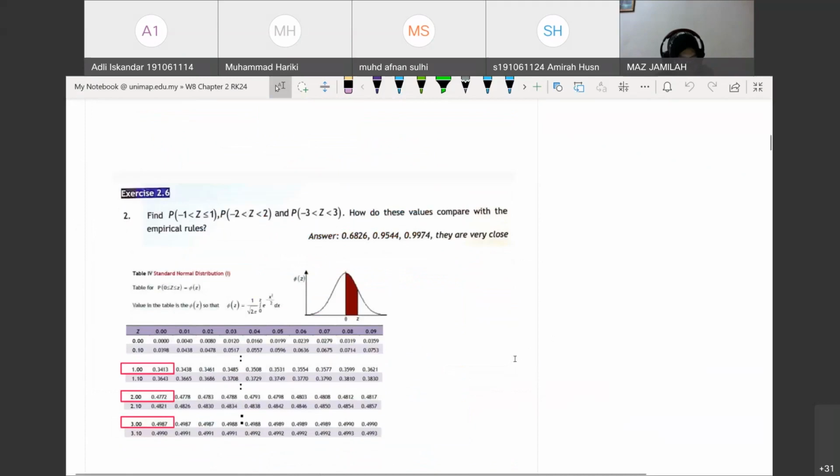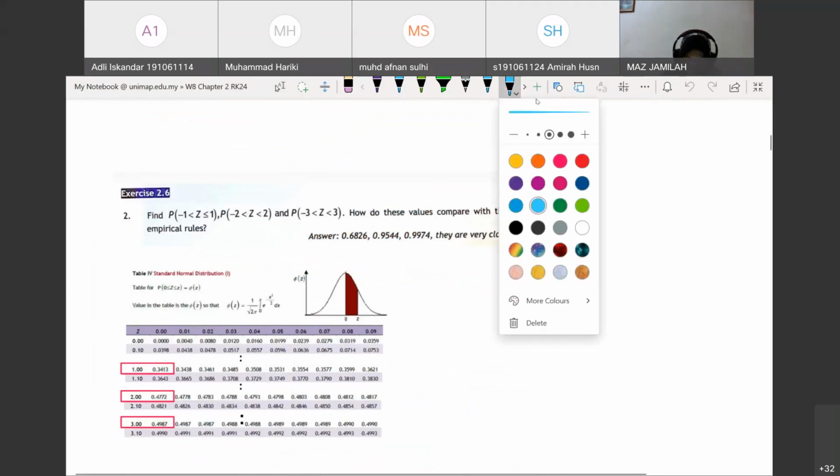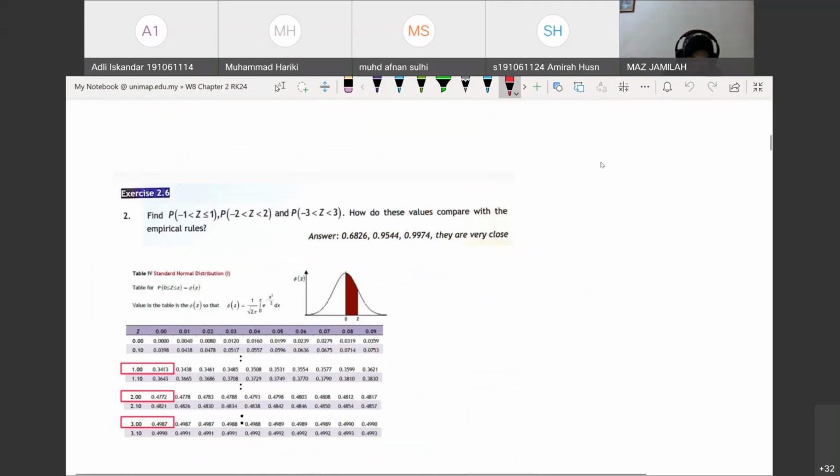The first one that we have discussed is if the given probability is in the middle of your probability distribution.